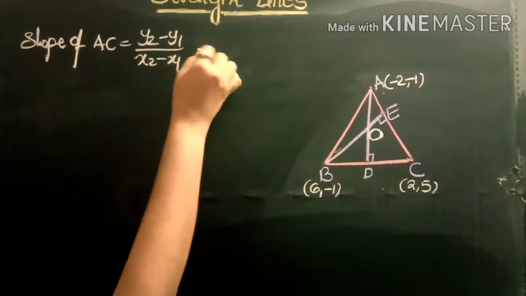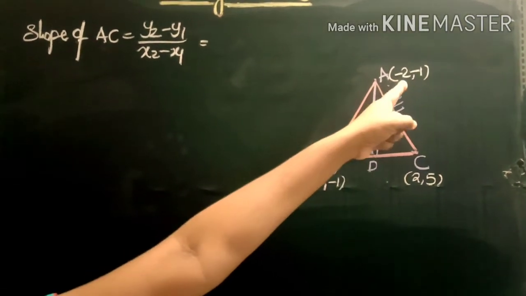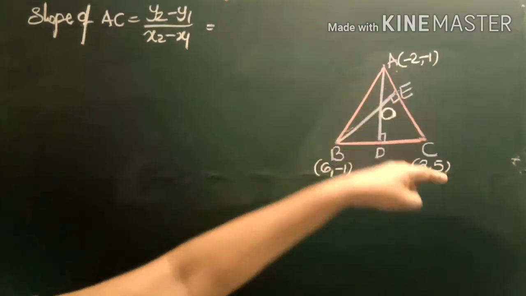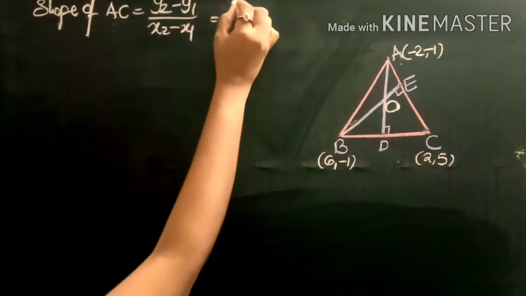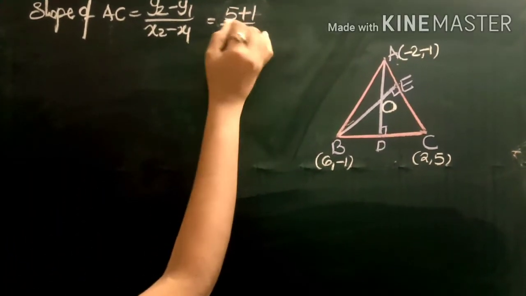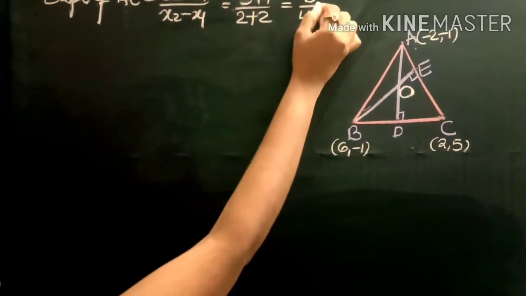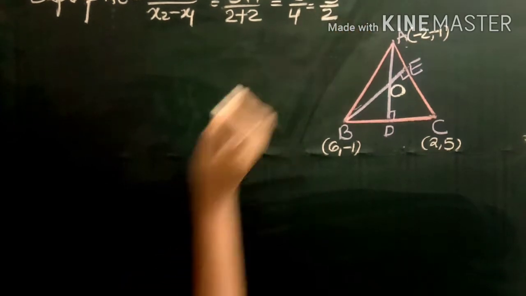So here x1 y1 is equal to minus 2, minus 1 and x2 y2 is equal to 2 comma 5. We are taking these 2 points. First y2 minus y1, that is 5 plus 1, by x2 minus x1, 2 minus minus 2, 2 plus 2, which is equal to 6 by 4, and this is equal to 3 by 2.